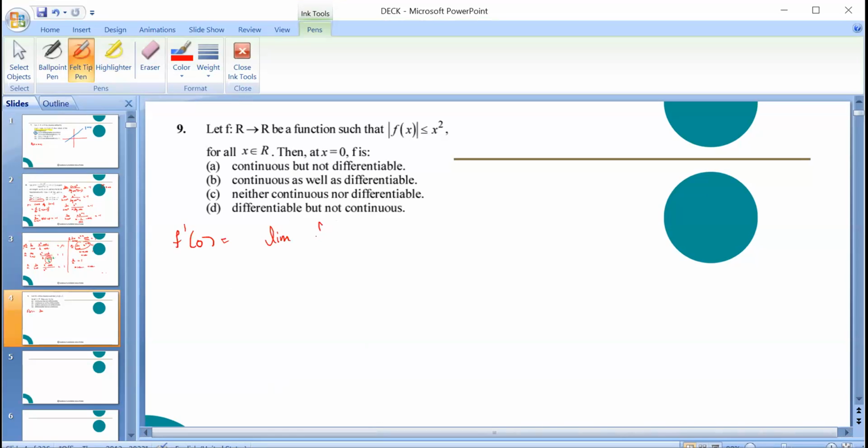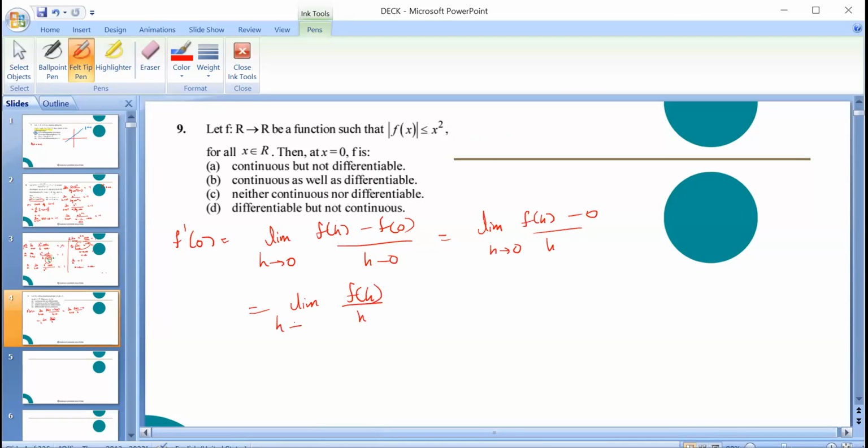It will be the limit of f of x minus f of 0 by x minus 0 as x approaches 0. f of 0 will be 0. So f of x minus 0 by x, or limit of f of h by h as h approaches 0.